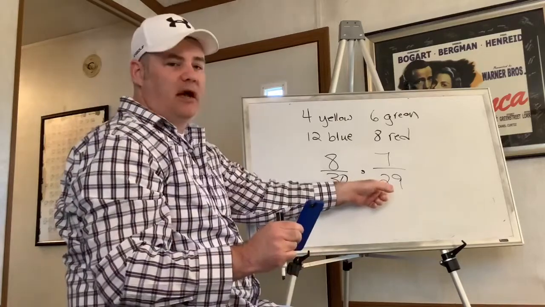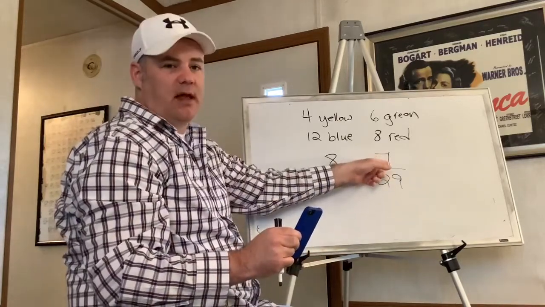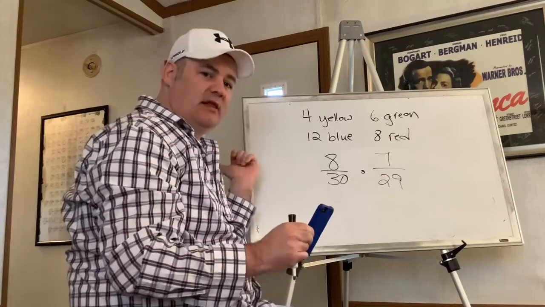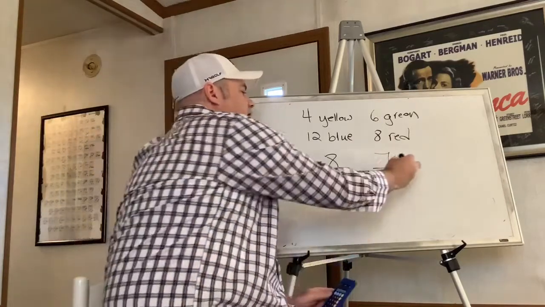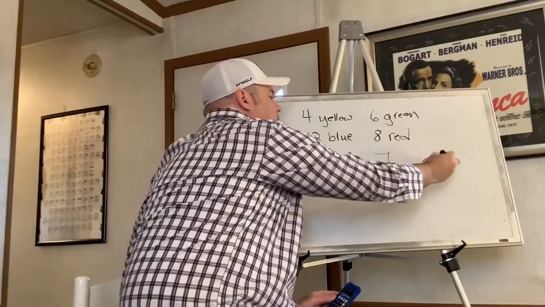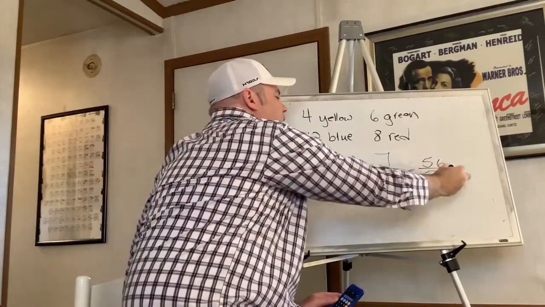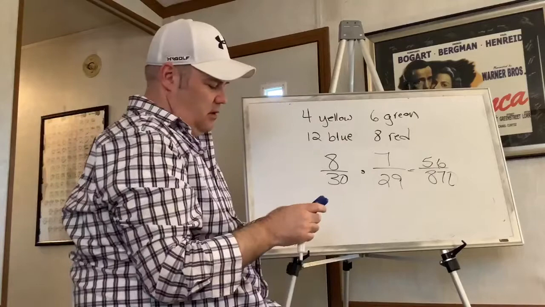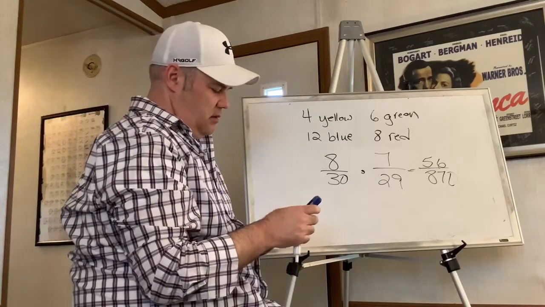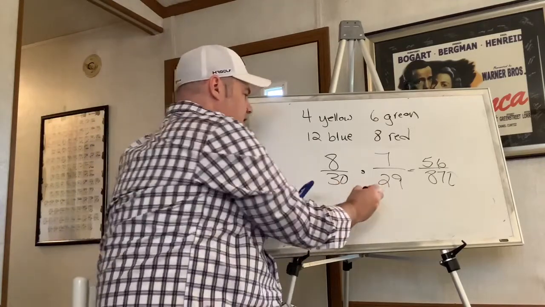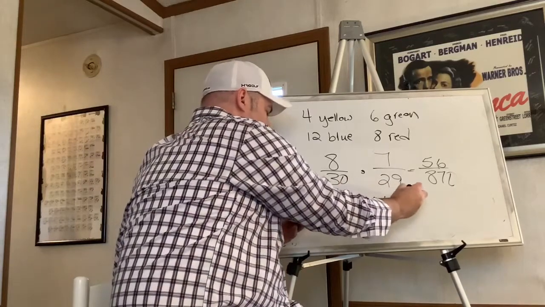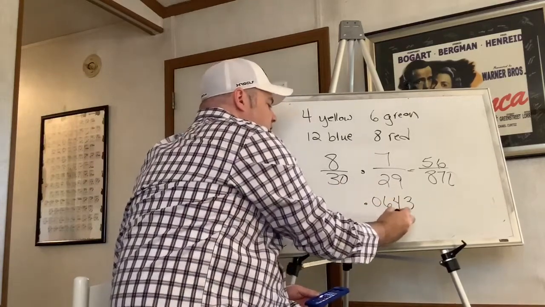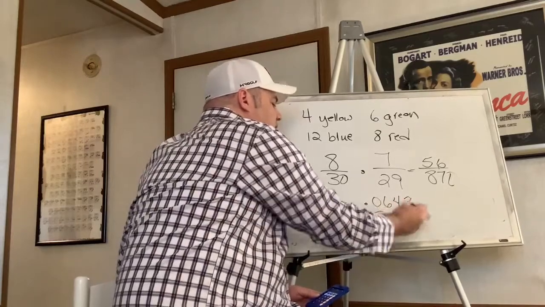Now there's only 29 marbles in the bag, and you want to draw another red. Well, there's only 7 red because you set that other one off, okay? So now you have 56 over 870, and that comes to 0.0643. So you move it twice, it's a 6.4% rounded to the nearest tenth.